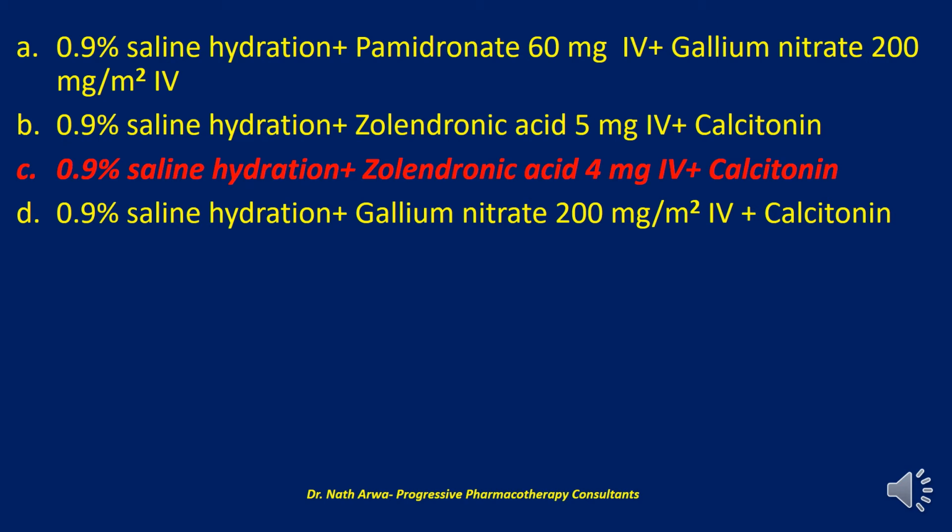Now, calcitonin is needed as the patient has a moderate hypercalcemia, but it is symptomatic as evident on the ECG. You remember what we are given on the ECG. Now, calcitonin will result in a more rapid response within an average of 12 to 24 hours.